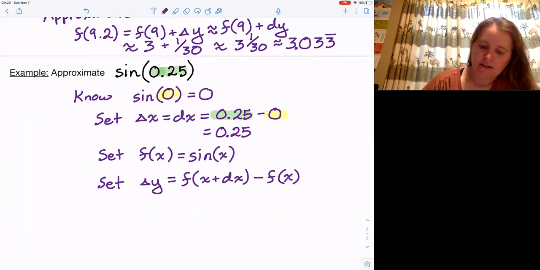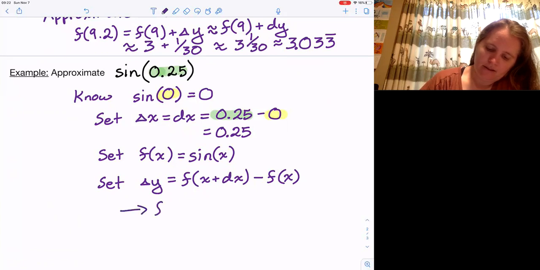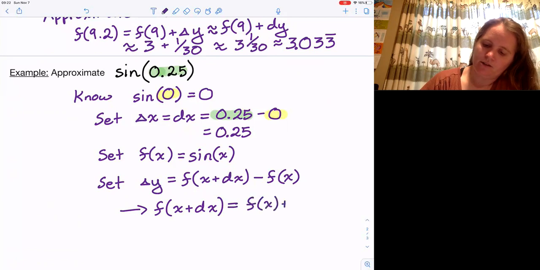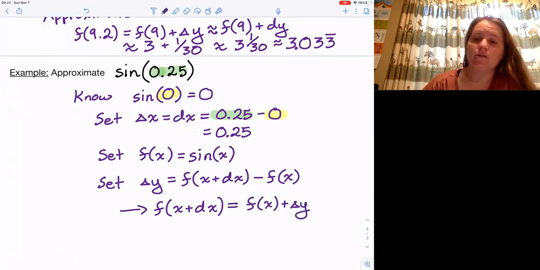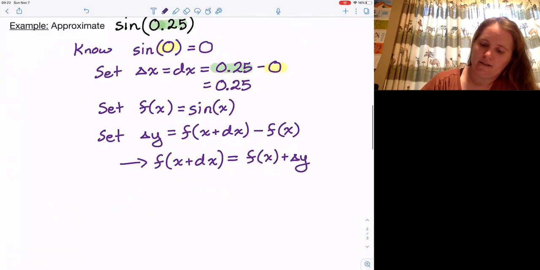And then again, we have f of x plus dx, if we just rearrange this, should be equal to f of x plus change in y. So this is what we were using earlier. And then this is going to be approximately equal to f of x plus dy.